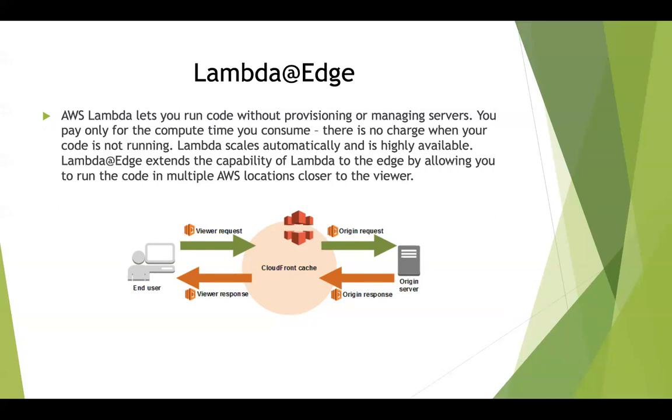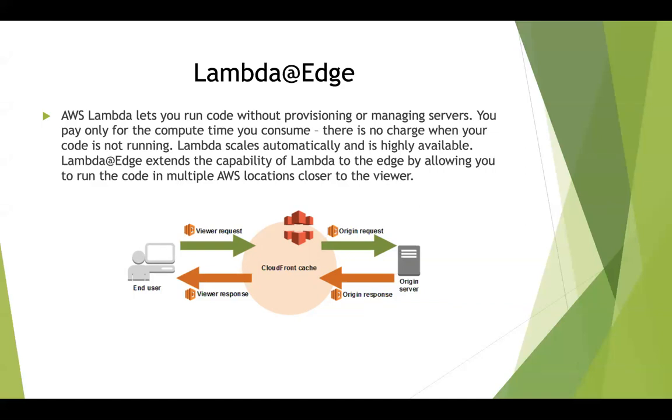Okay, so what Lambda at Edge does is it extends the capability of Lambda for you to run functions at the CloudFront's edge location, so that you can do some of the computations when it comes to having users in different corners of the world. So when you take a CloudFront cache in the center, and then you have the origin server that is sitting behind the CloudFront cache, and then you have an end user who is accessing an object which is on the origin server, you can run a Lambda function at 4 different points, like I mentioned at the start.